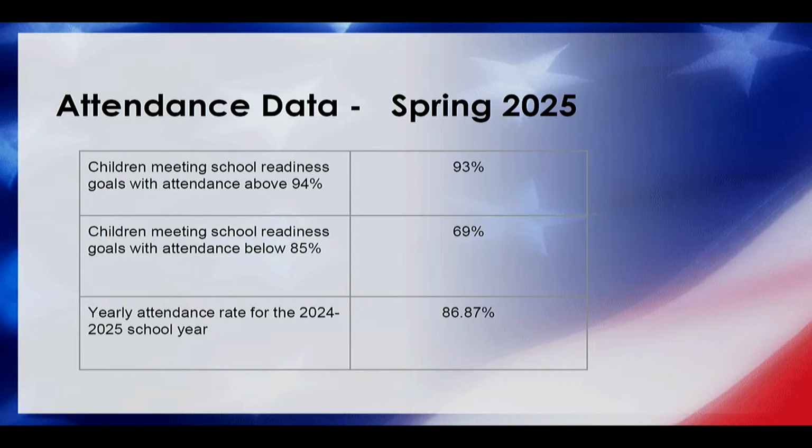It's hard when their attendance is at 85% or below to get them to meet those school readiness goals. Last year, our attendance rate fell at 86.87%. We work really hard with parents on relieving those barriers that are preventing children from getting to school.